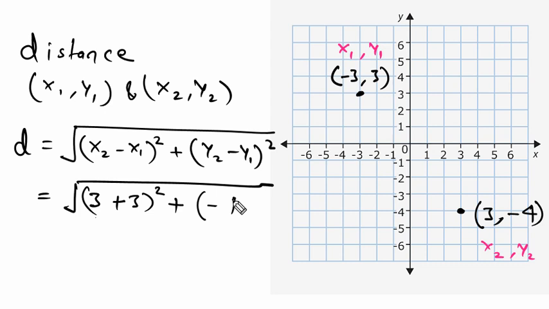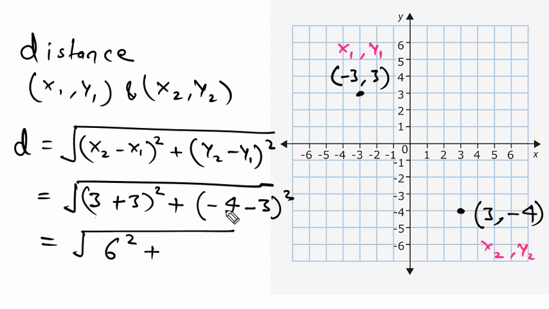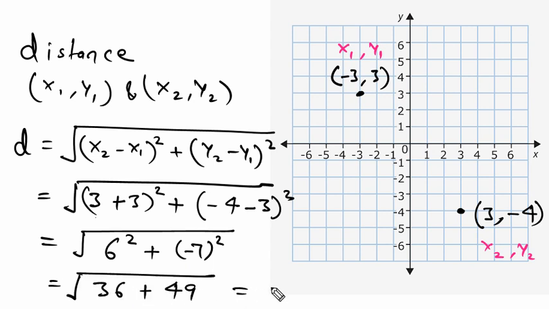Y2 is -4 and y1 is 3, so -4 minus 3. Let me write it step by step. 3 plus 3 is 6, so 6 squared, plus -4 minus 3 is -7, and that will be -7 squared. This will be 36, this will be 49, and you can solve it using the calculator. You will get your distance, right?